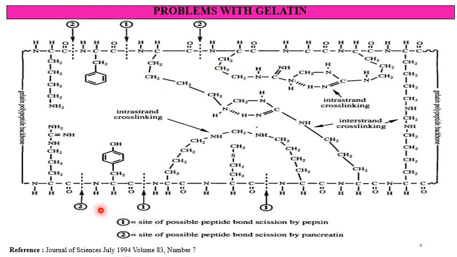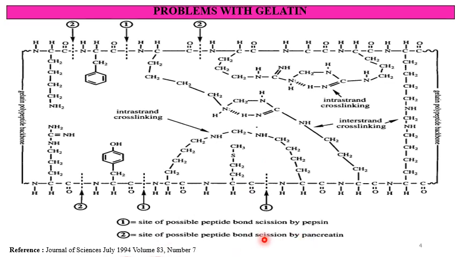Now the sites are shown here. Site number 1 and site number 2 are given. Site number 1 is a possible peptide bond seizure by pepsin. Here the pepsin will break this bond and it will make the gelatin soluble, or make the dissolution faster.